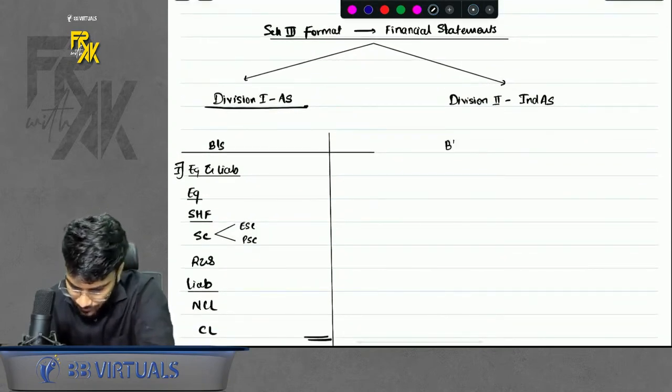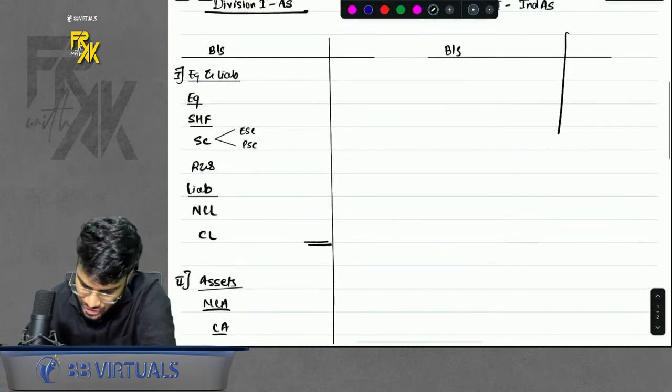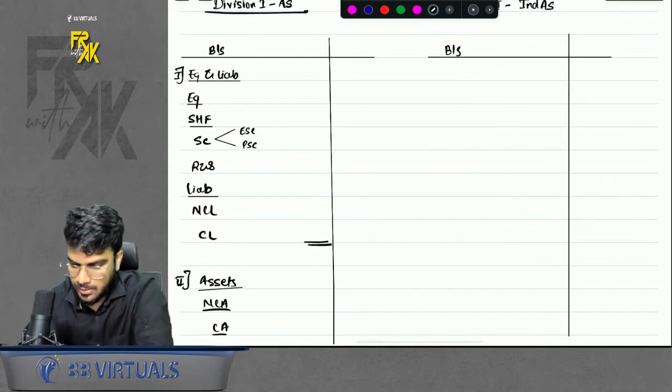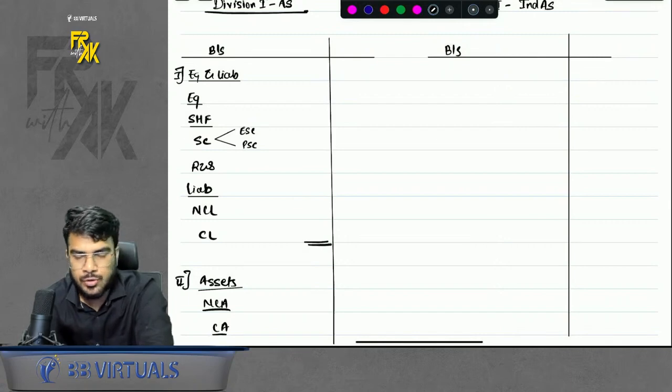Okay. Does anyone know under IND AS from which heading do we start? If you might have done some work in articleship, you might have come across a company which is following IND AS. I'm not saying that you surely would have, but you might have. So does anyone have any idea regarding the format?